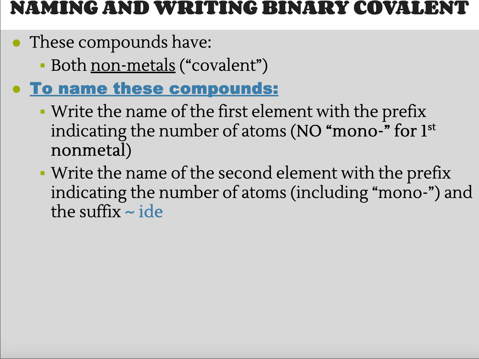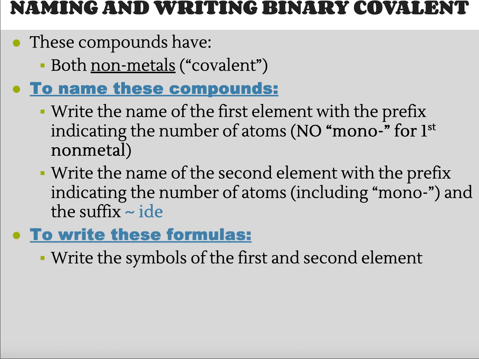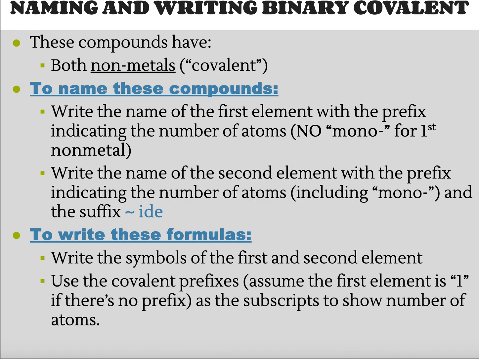It's as simple as that. Name the first element with a prefix, name the second element with an ide ending, also with the prefix. To write the formulas, it's just backwards. We know what the elements are because it will give us the names, and we just write the symbols, and the prefixes tell us how many there are.